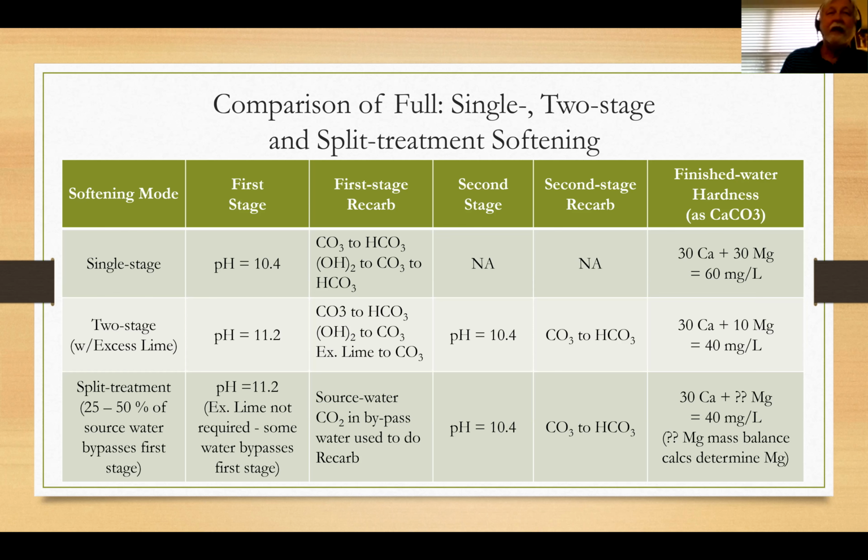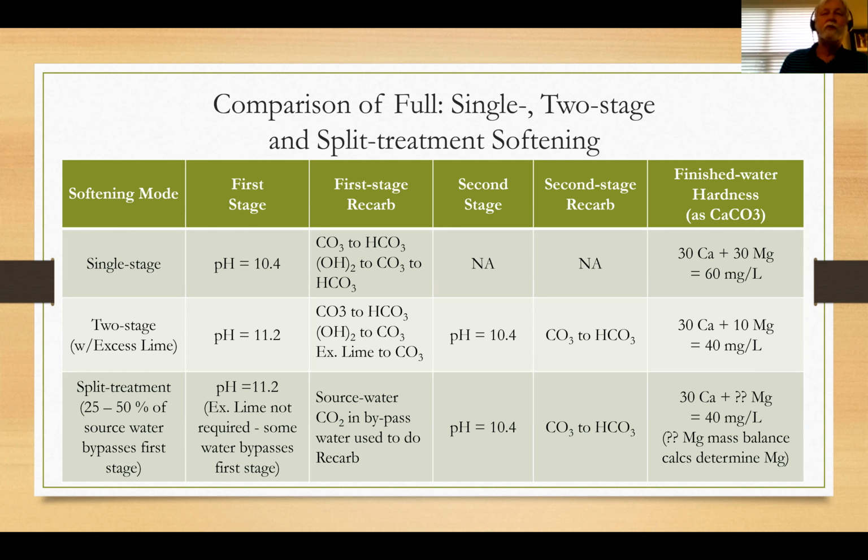So nice. So why do we even have two stages? Do we want to spend money on concrete, have two basins, or what? Well, here's the reason. Because you can do split treatment. And a lot of you are doing things you call split treatment.